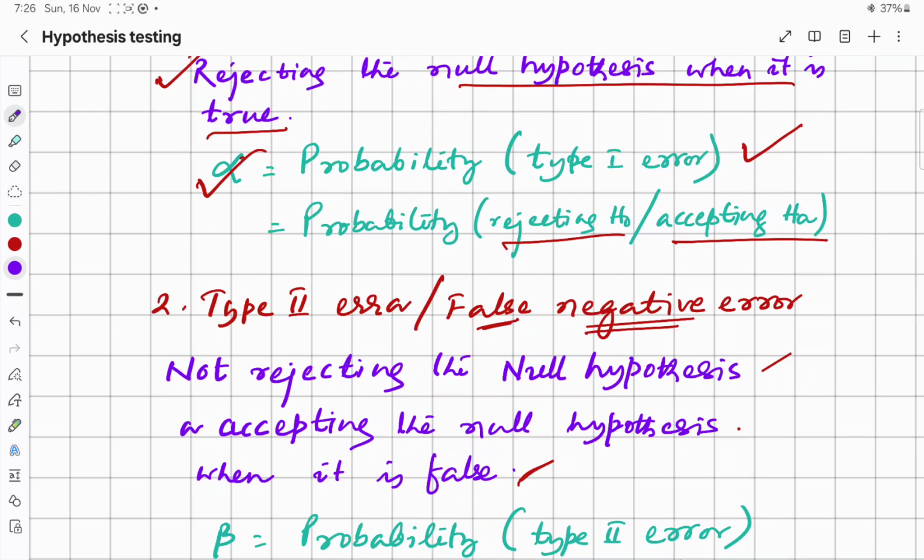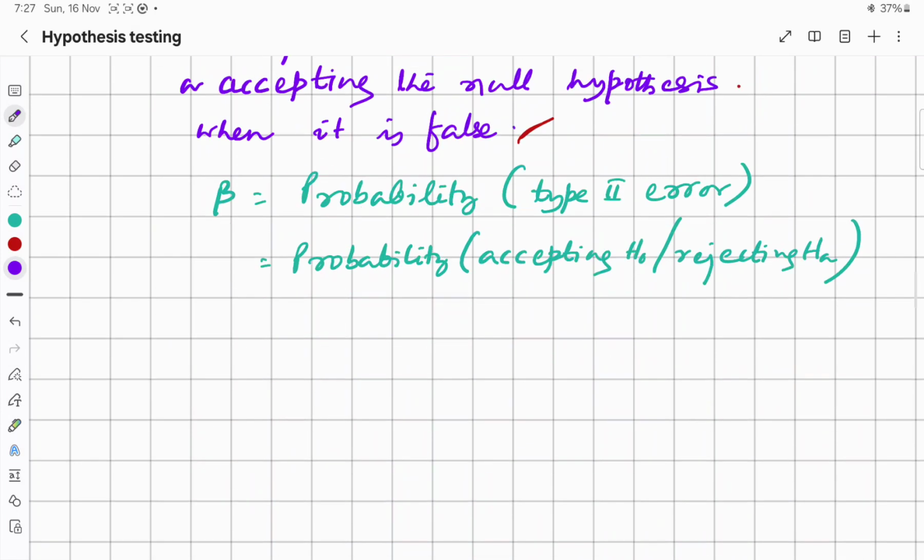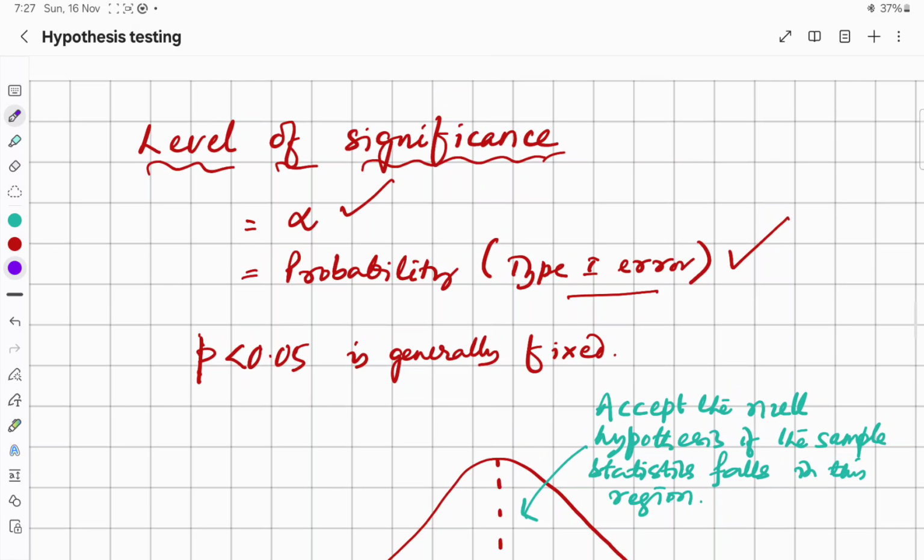So the probability of committing type 1 error at a certain level is called the level of significance. So when you say level of significance, that is the probability of committing type 1 error at a certain level. The confidence with which an experimenter rejects or retains a null hypothesis depends upon the significance level which is adopted.